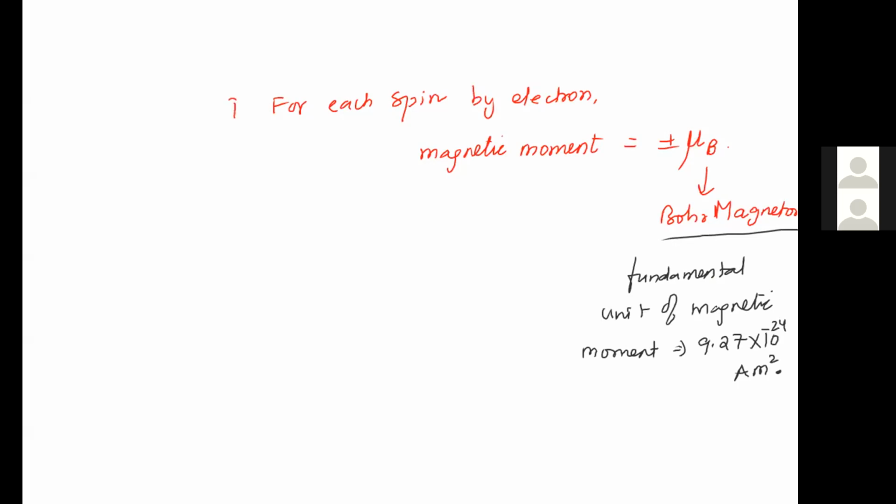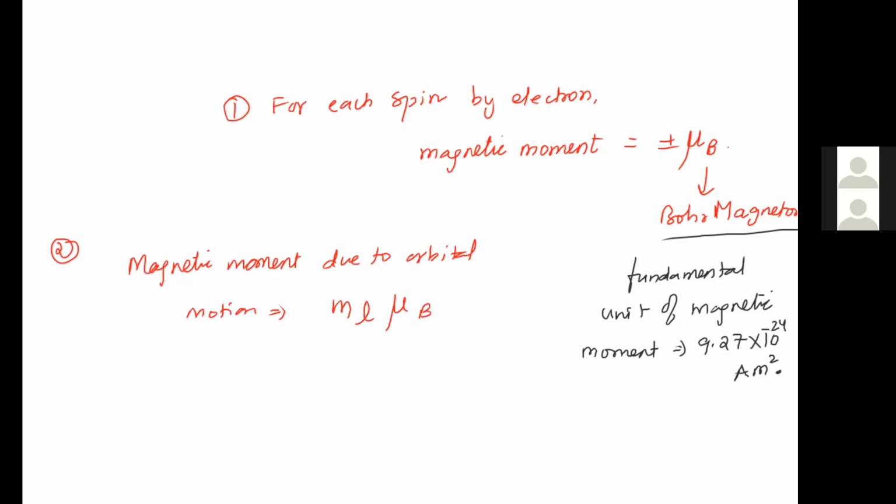The magnetic moment due to orbital motion is ml mu b. What is this? This is the magnetic quantum number of the electron that we learned.